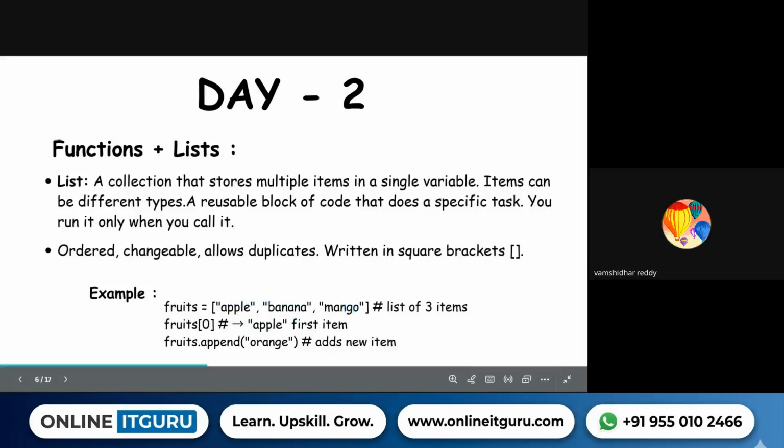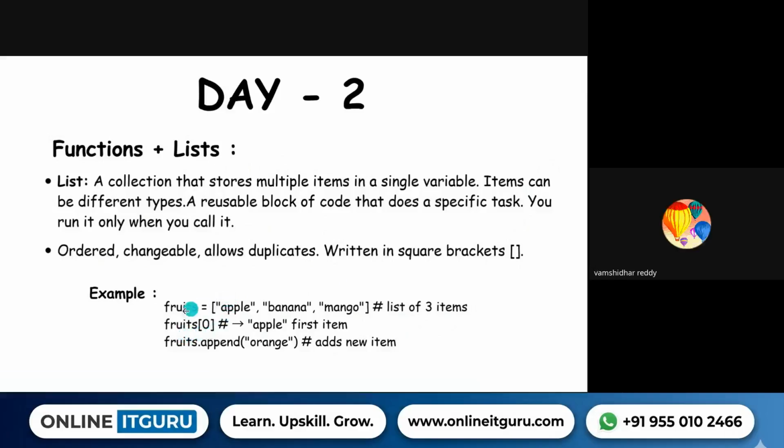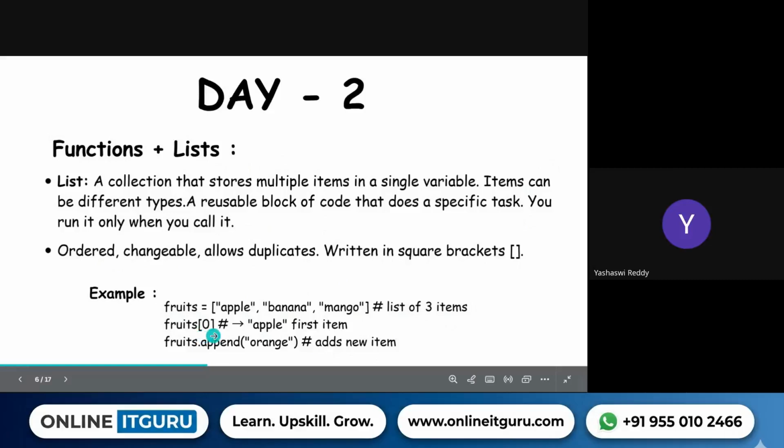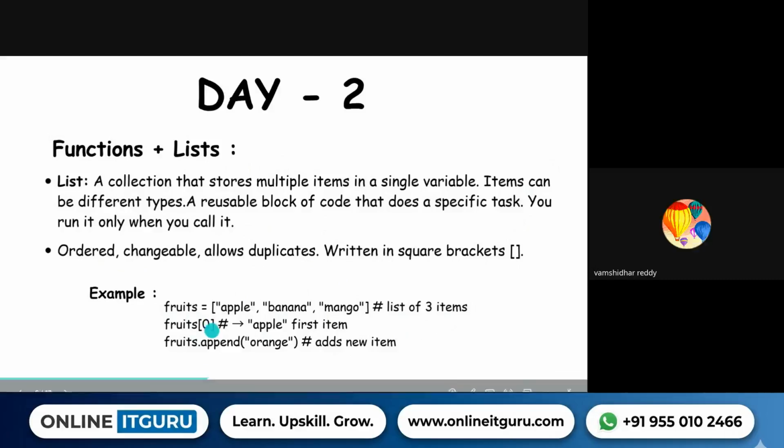If I take fruits[0], the output will be apple. Then fruits[2], the output will be mango. What if I take fruits[3]? There is only 0, 1, 2. There is no 3, right?